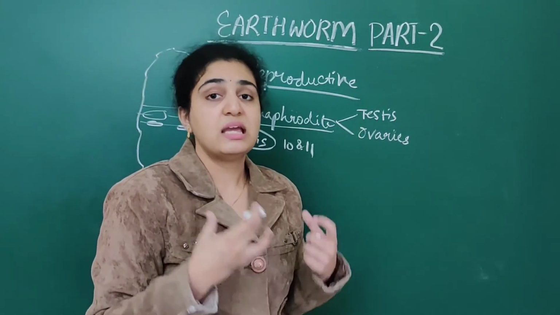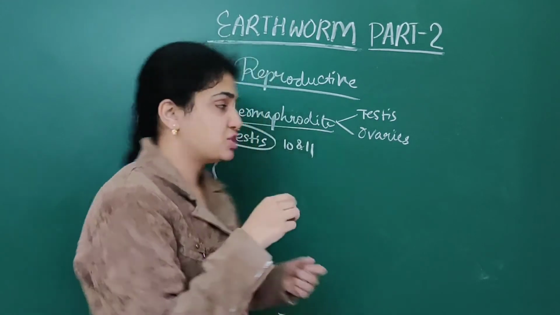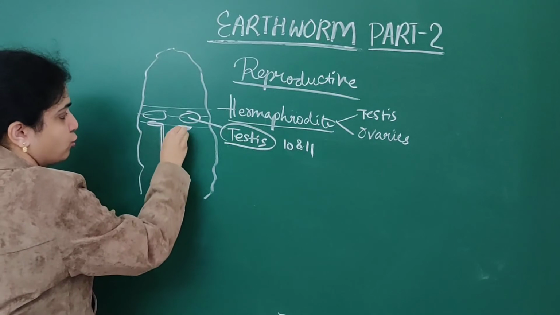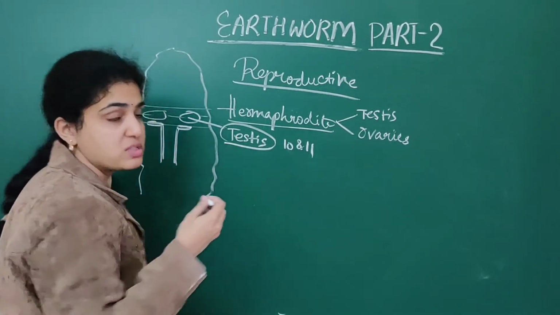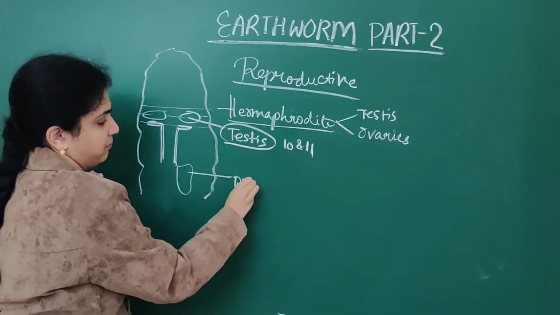From the testes, there arise, same like in humans, vasa differentia. Vasa differentia are long, thin, tubular structures which open into the prostate gland here.